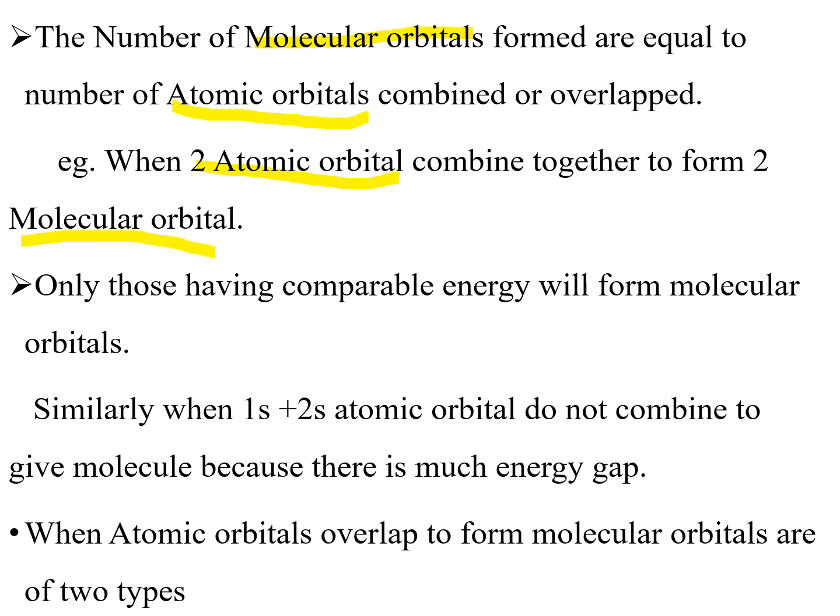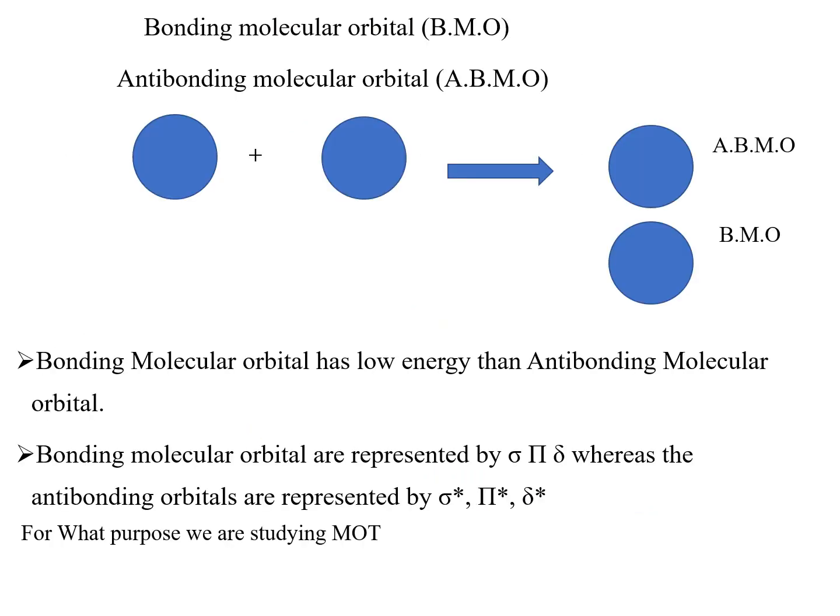Only those having comparable energy will form molecular orbitals. 1s and 1s atomic orbitals combine to form a molecular orbital. Similarly, 1s and 2s atomic orbitals do not combine to give a molecular orbital because there is a large energy gap between them. When atomic orbitals overlap to form molecular orbitals, there are two types.